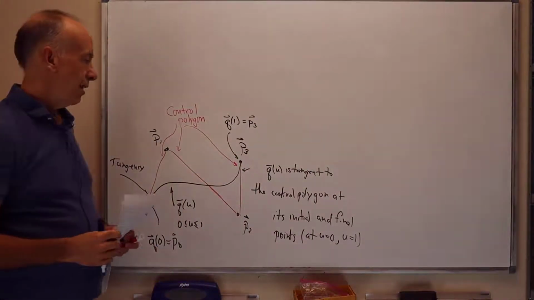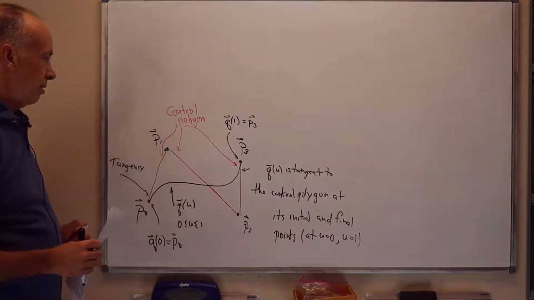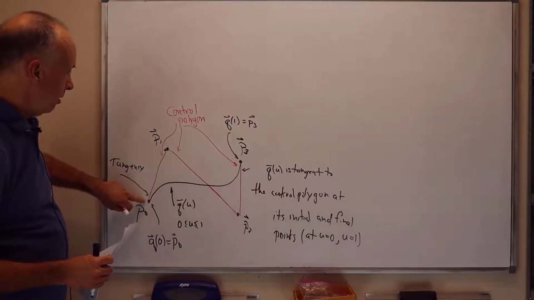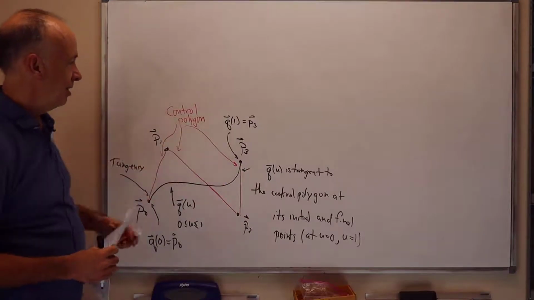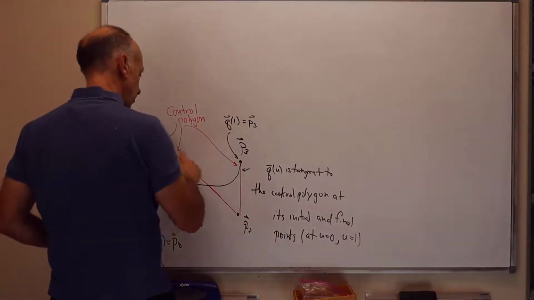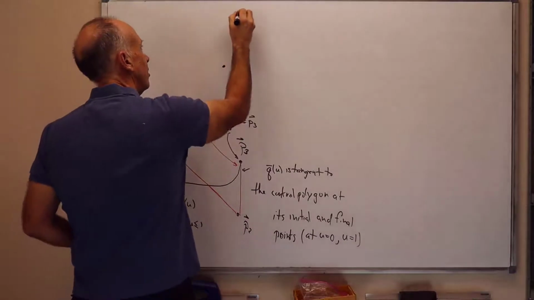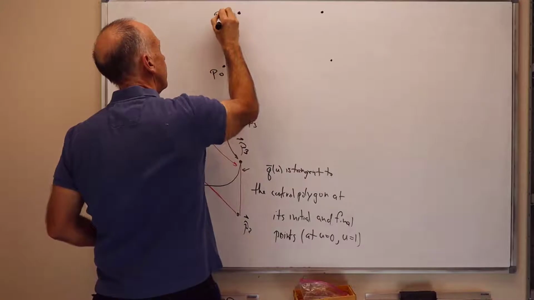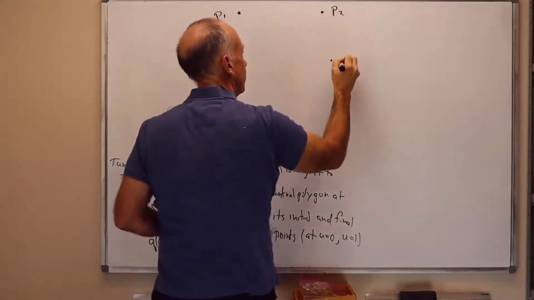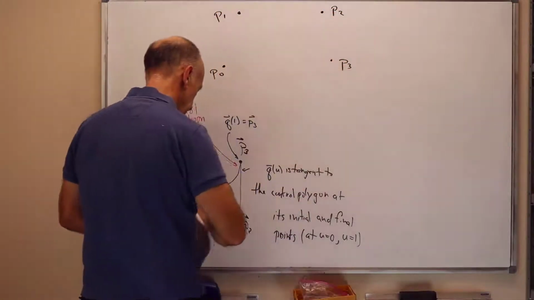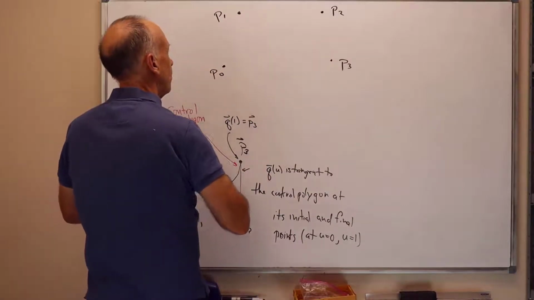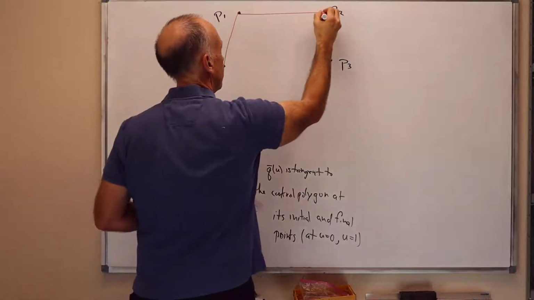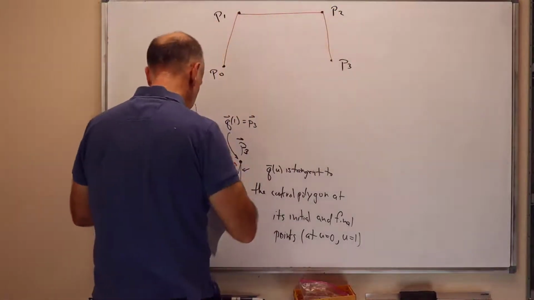I want to give two more examples of how the Bezier curve of degree 3 can look. Here I've got the points P0, P1, P2, P3 organized in a sort of zigzag fashion. They could also be arranged, for instance, in this fashion here with P0, P1, P2, and P3. And then the control polygon, taking them in order, P0 to P1, P1 to P2, P2 to P3.